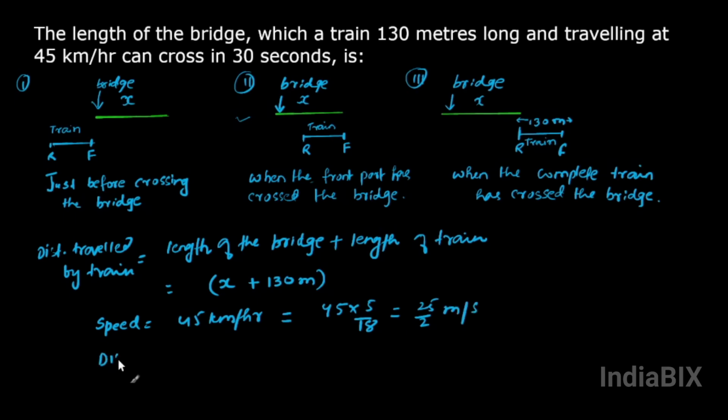We know the formula. Distance is speed into time. And the distance the train has to travel is x plus 130. Speed is 25 by 2 and the time that it has taken is 30 seconds.